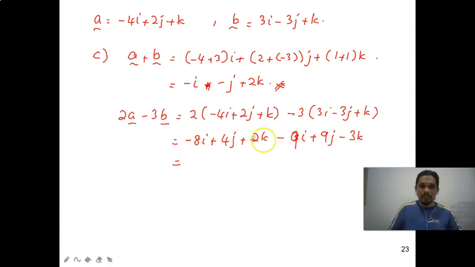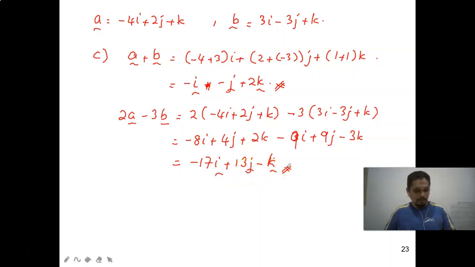So negative 8 minus 9, negative 17i, 4 plus 9 equal to 13j, and 2 minus 3 equal to negative k. Okay, there you go.